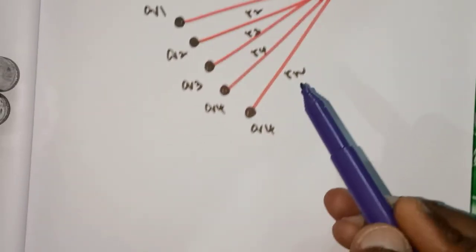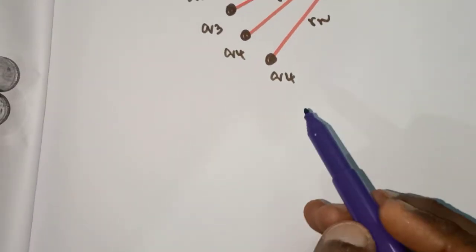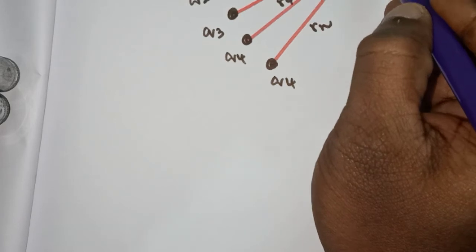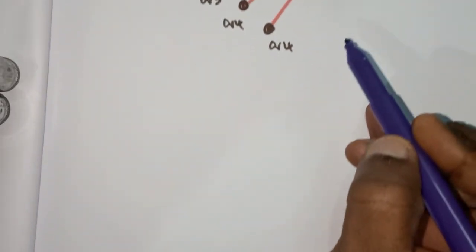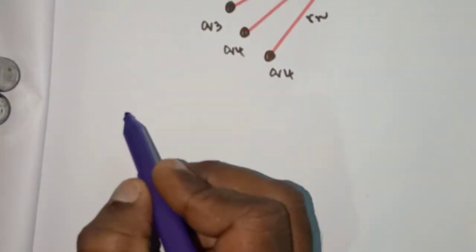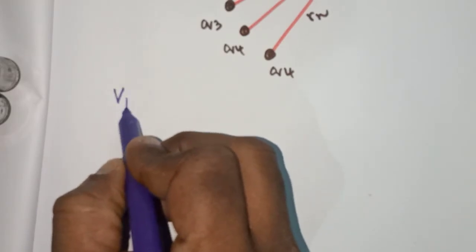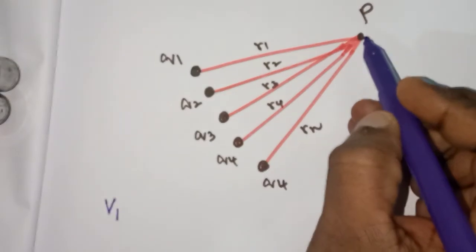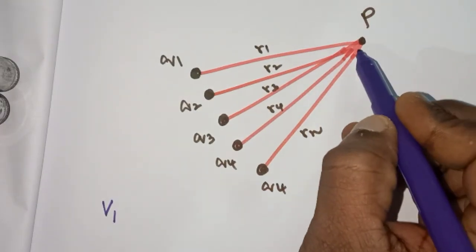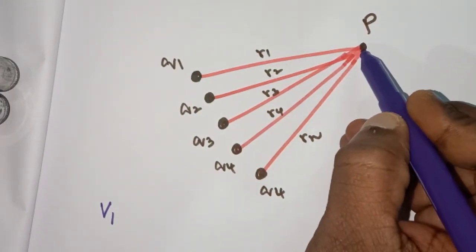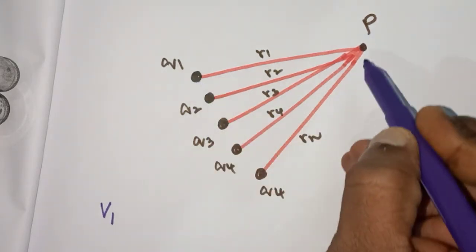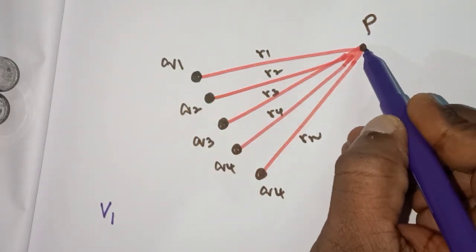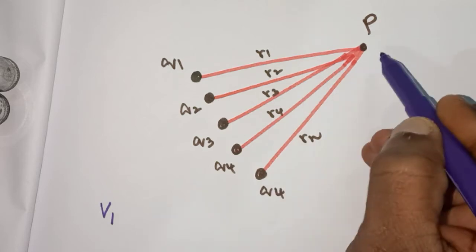Do you understand? See this equation. So I am writing the potential at a point P that I am going to calculate here. V1 is the potential at point P due to Q1. What is V2? Potential at point P due to Q2.